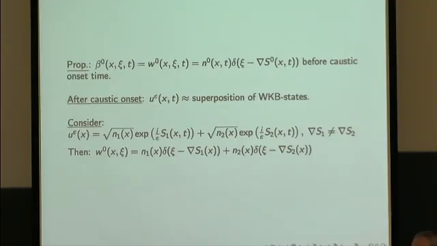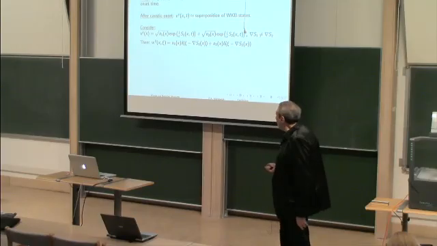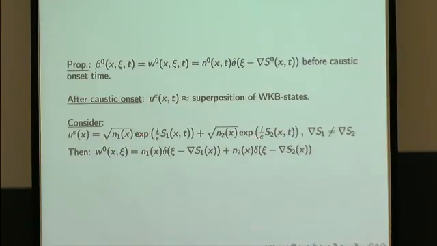Now, structurally speaking, what happens at and after caustic onset? Well, after caustic onset, basically you can think of the wave function as a superposition of WKB states. Okay, let me take a superposition of two WKB states.